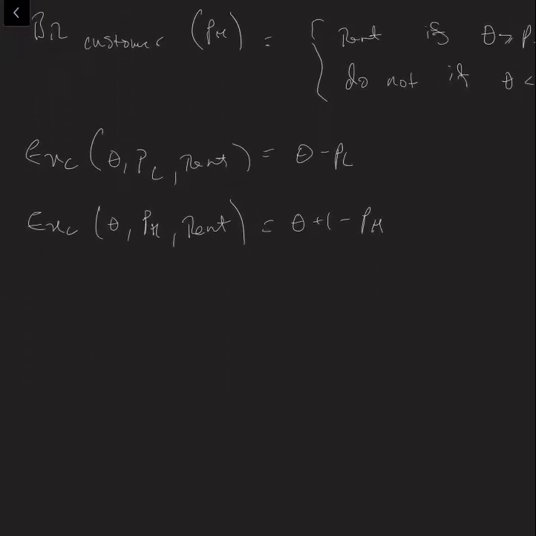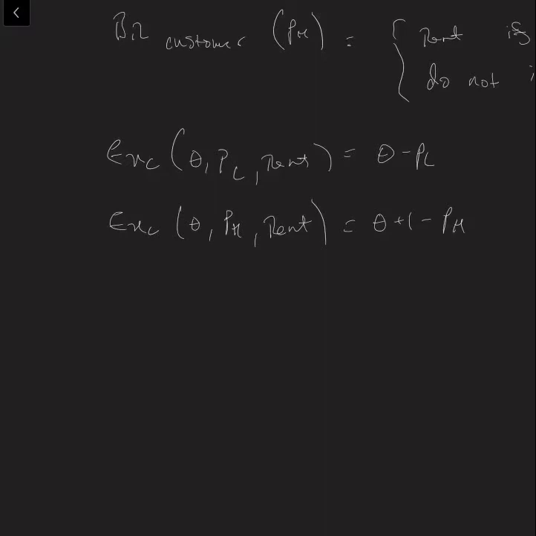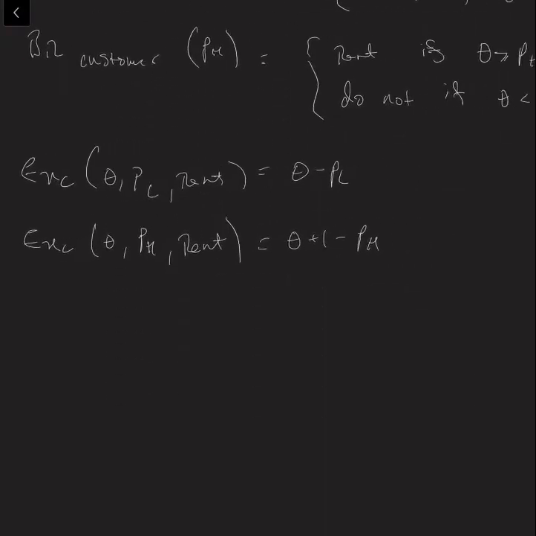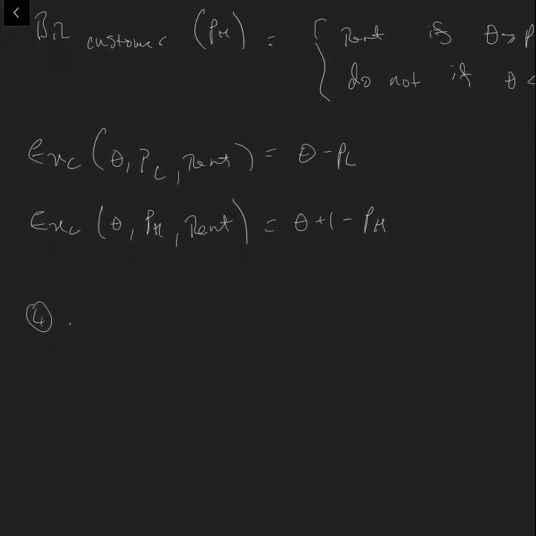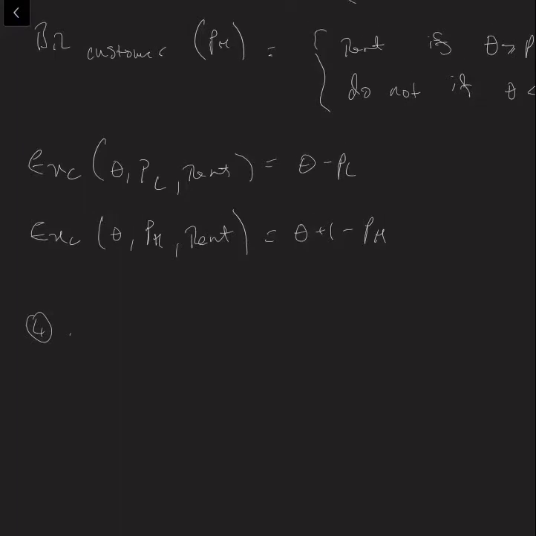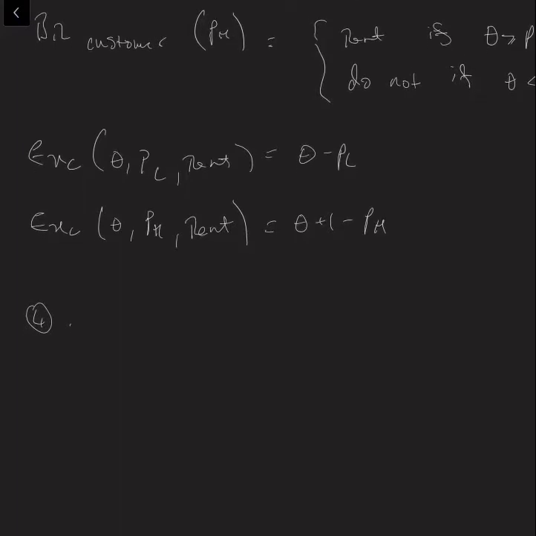Okay. Now we move on to our fourth step, where we're basically considering the appropriate ranges of pH and PL that preclude any deviation from equilibrium strategies. There are two classes of deviations we have to look for in the case of a separating PBE.